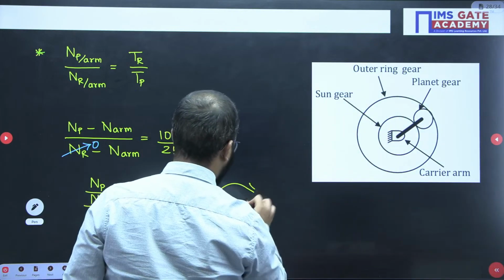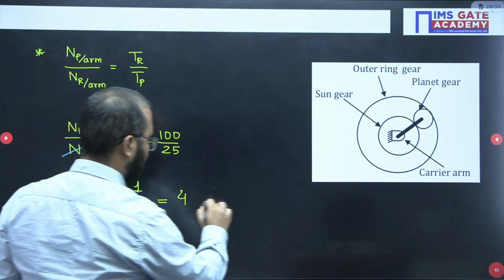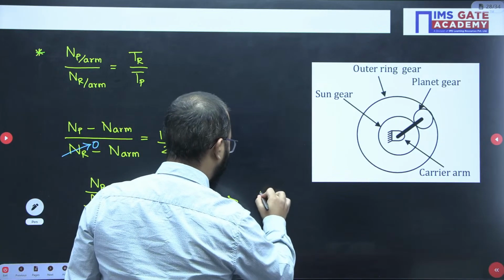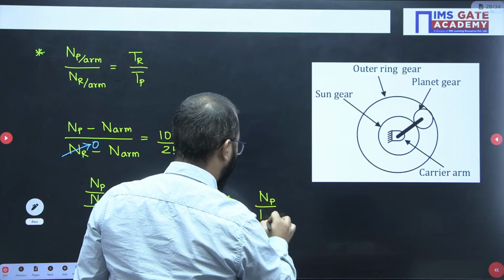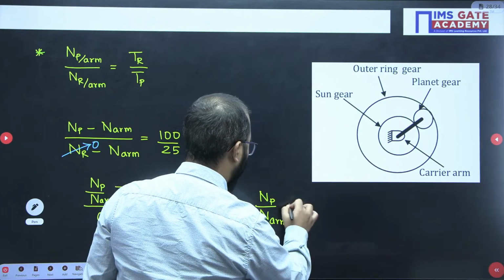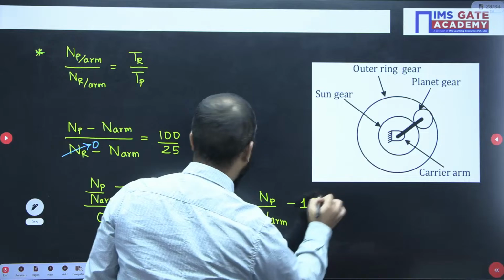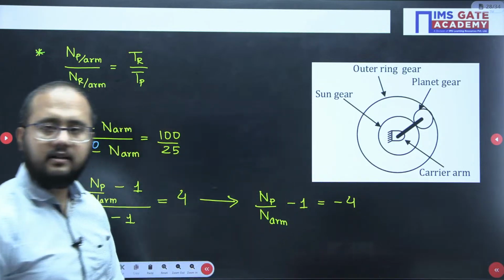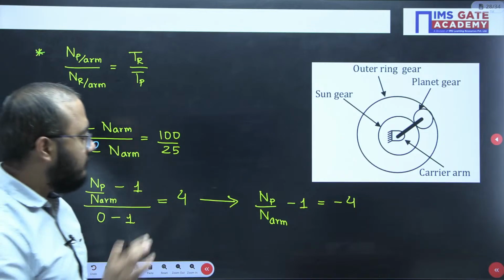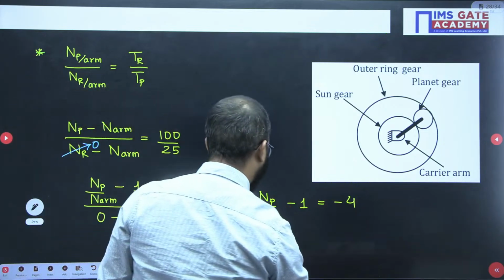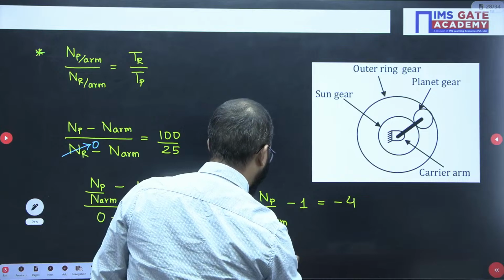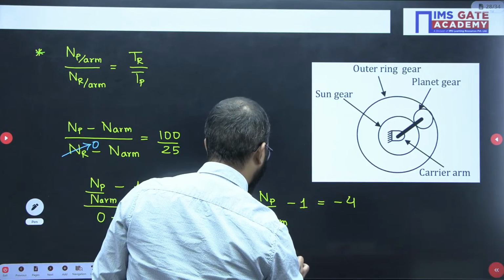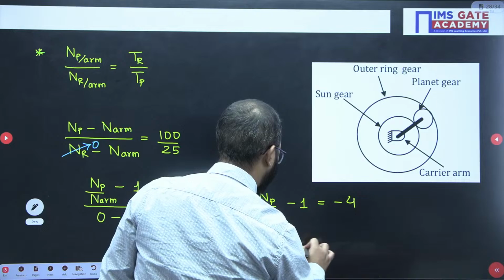So from here we can write NP by N arm minus 1 equals minus 4. This minus sign will go to the right side and become positive. So minus 4 plus 1 becomes minus 3. So NP by N arm equals minus 3.